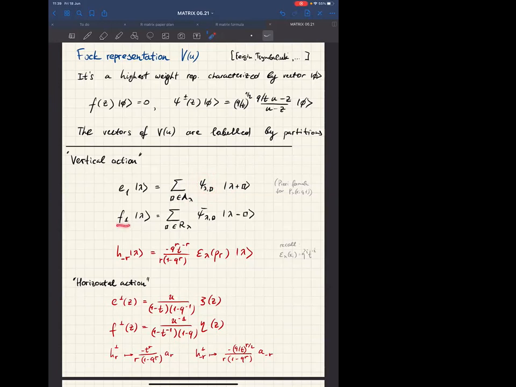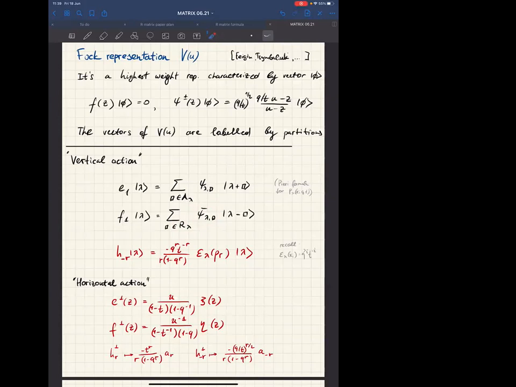And the F's act by removing a box from the partition lambda in all possible locations. So R lambda is the set of boxes which are removable from the partition lambda. And again, we have a nice factorized matrix element here.